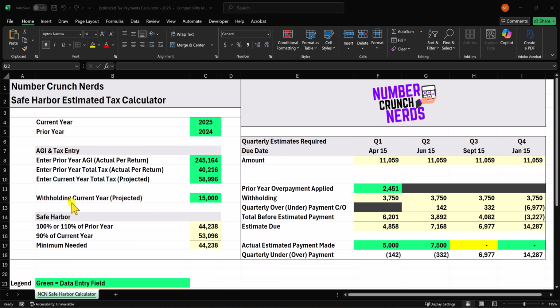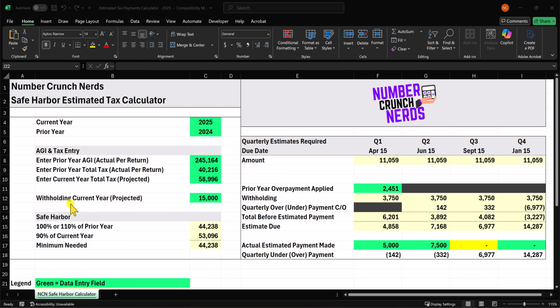Now, the next item we need to know about is withholding. Do you have any current year withholding expected or projected? If you are still employed and you're a W-2 employee, you would probably be expecting a certain amount of withholding for the current year. If you are retired, you may or may not be expecting withholding.